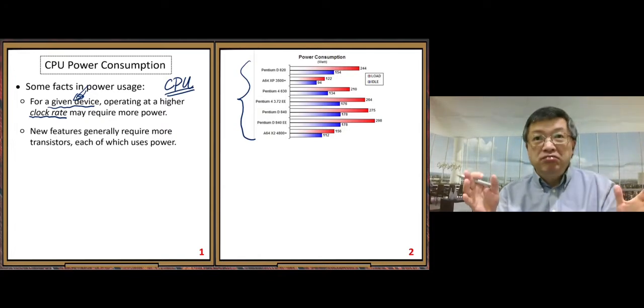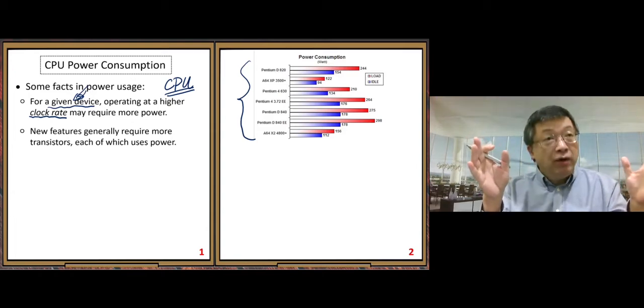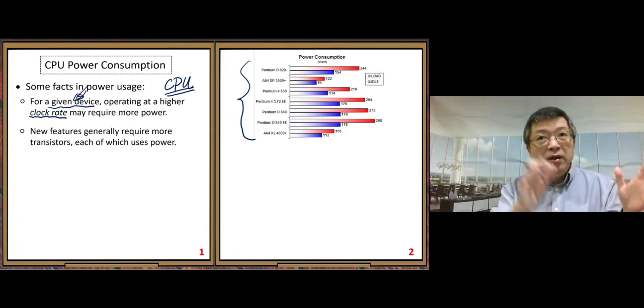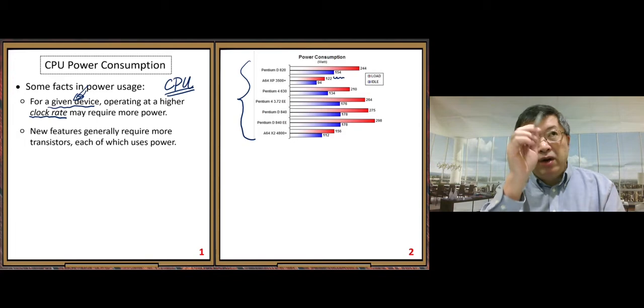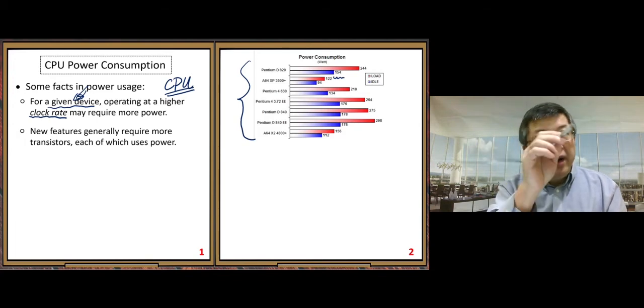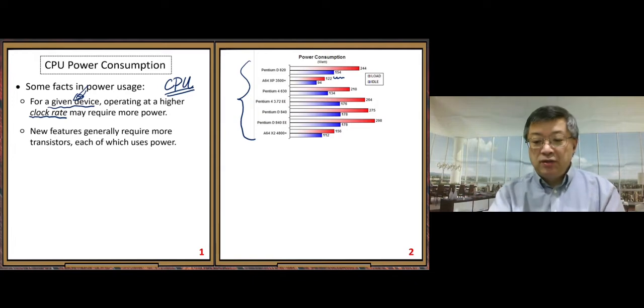So you can see, although the red bar is longer than the blue bar, even for the blue bar, the power consumption is 154 watts. The unit is watt.